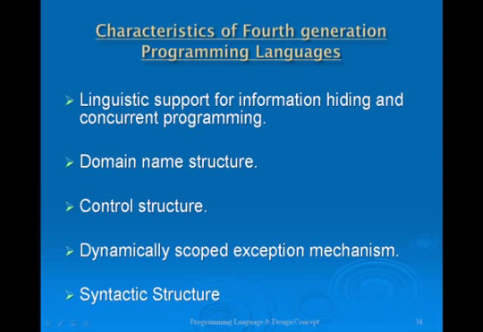The primitive data structures tend to be more complicated than in the third generation because of the desire to control accuracy and precision in the numeric types. Syntactic structure. The major exception is a preference for fully bracketed structure. Fourth generation languages can be seen as the culmination and fulfillment of the evolutionary process that began with Fortran.